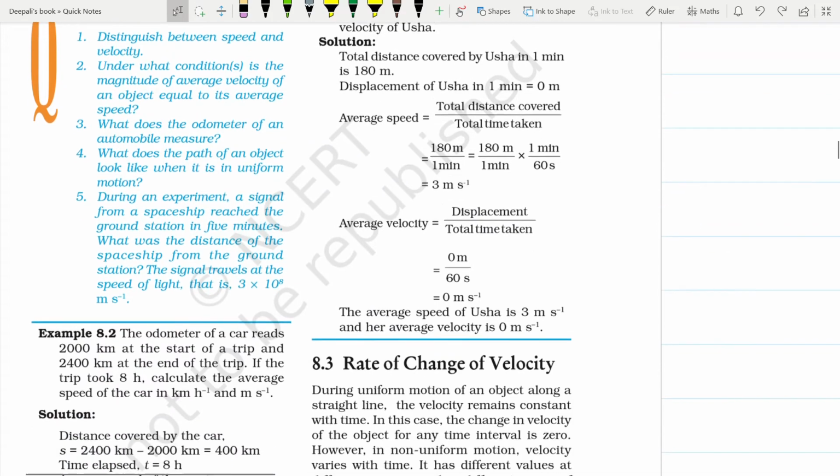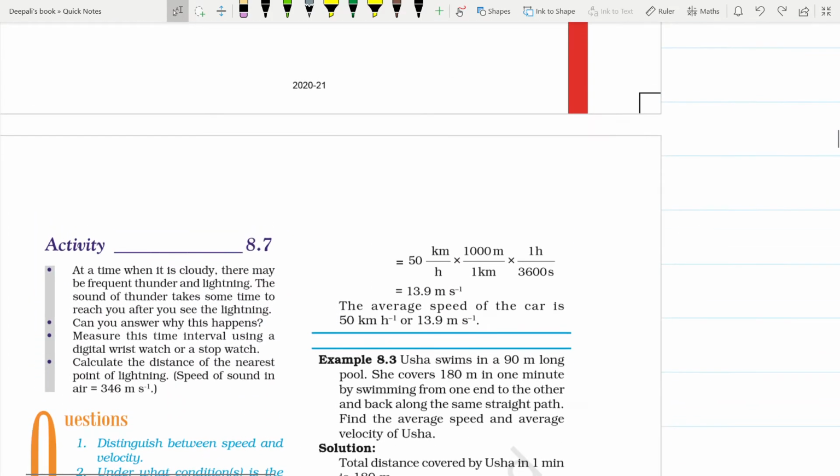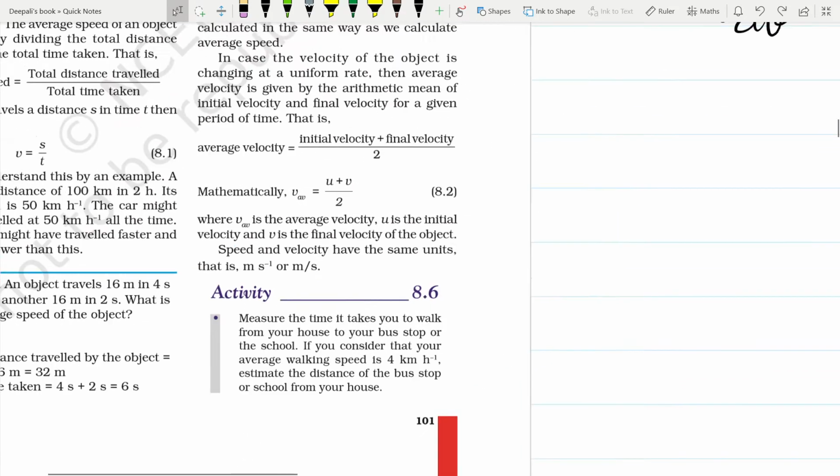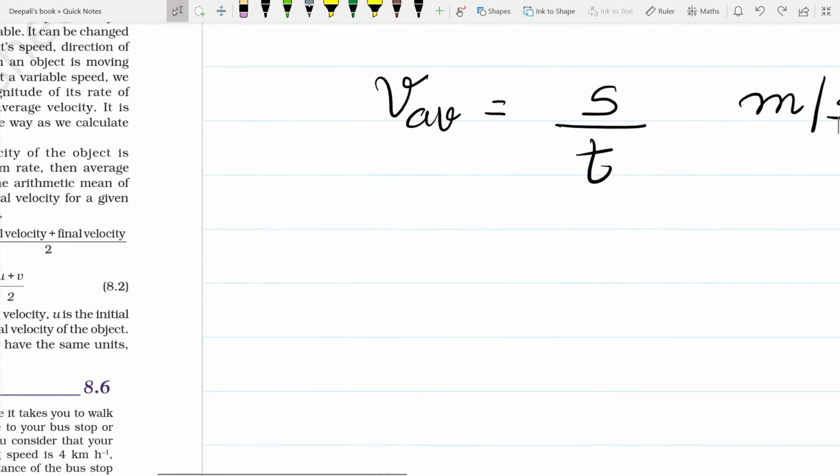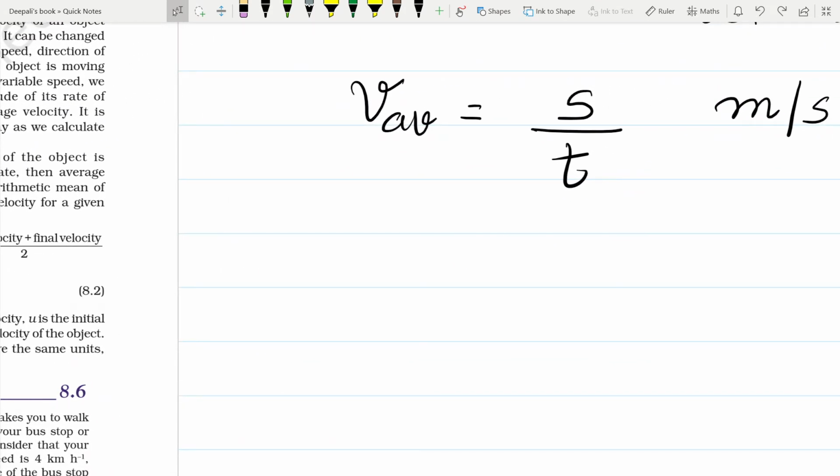So, did you understand what velocity means? Like speed, velocity is another quantity.